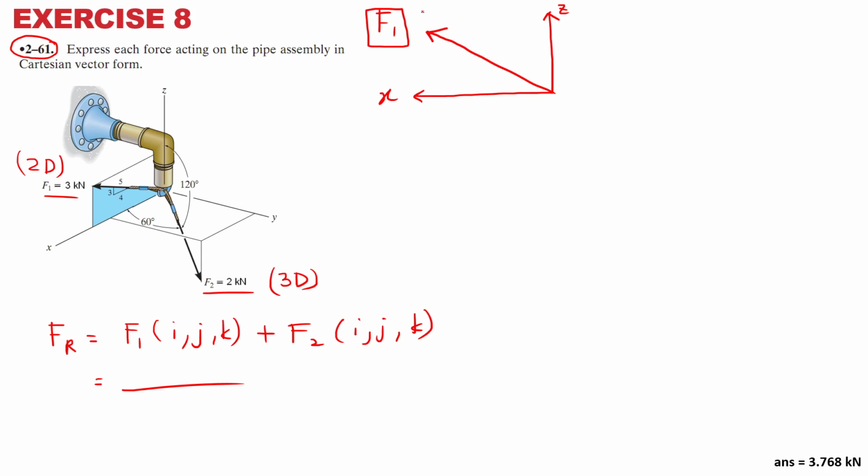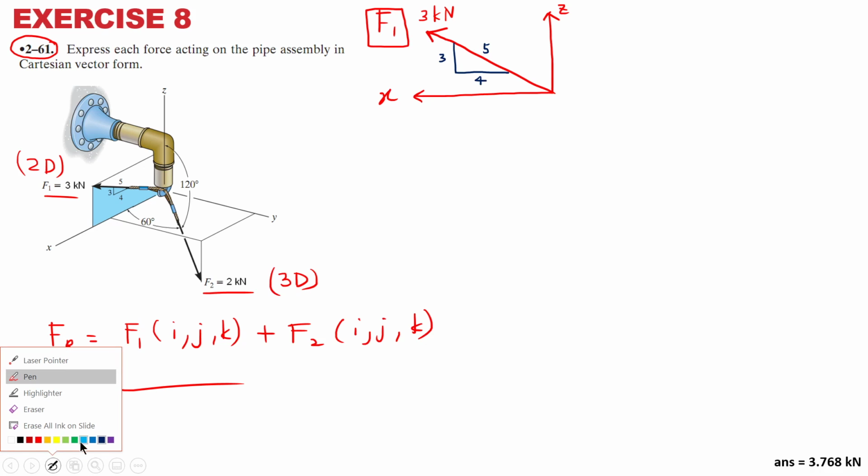What is the value? 3 kilonewton. What is the gradient? Draw your gradients. Your gradients are here. 3, 4, hypotenuse is 5. So it looks like it's in 3D. Yes, it's in 3D, but basically it boils down to 2D. So converting this one is something we have done before.